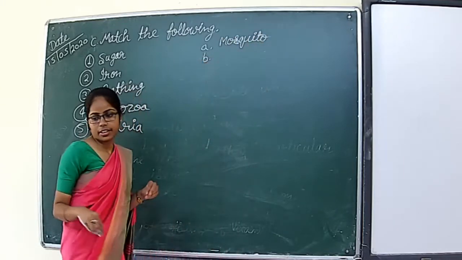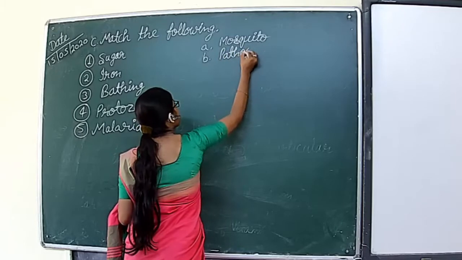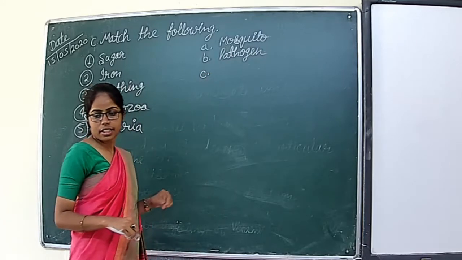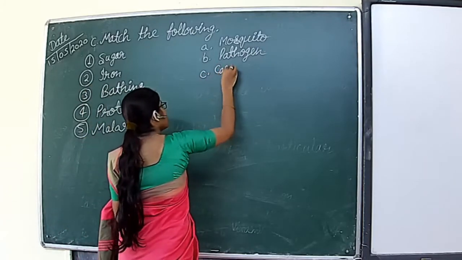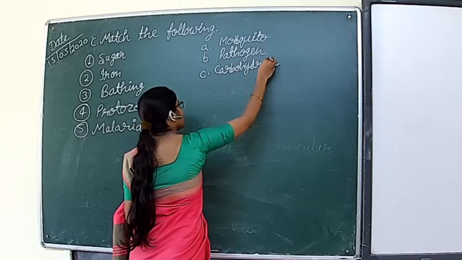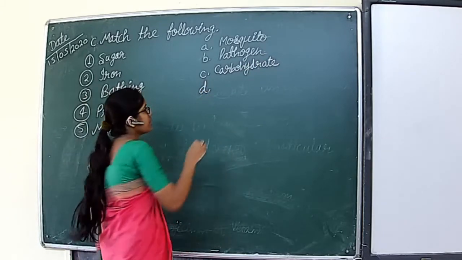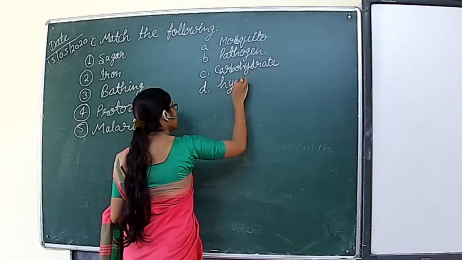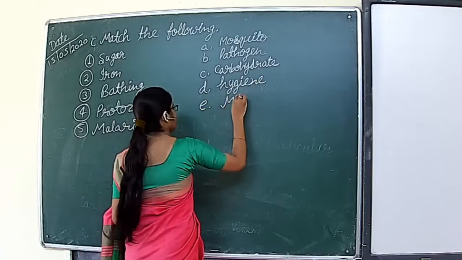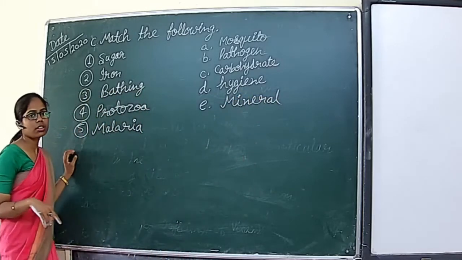B, pathogen. C, carbohydrate. D, hygiene. And E, mineral. Now we have to match in both.